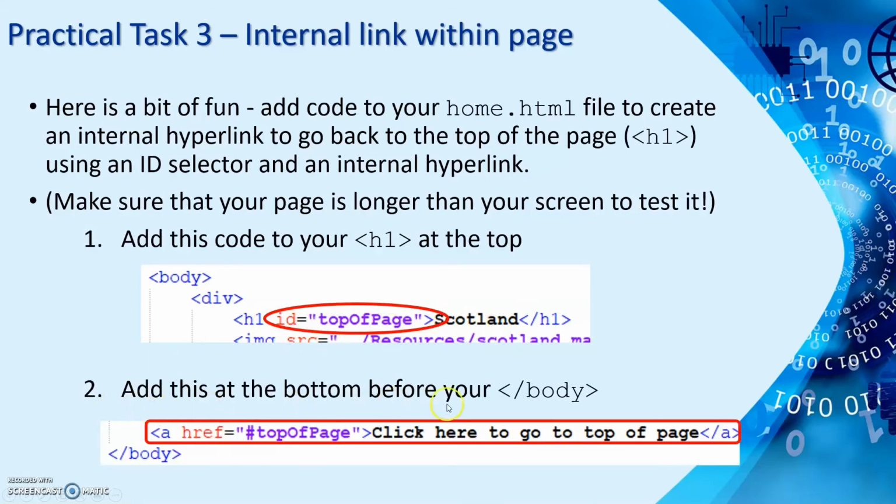Then at the very bottom, before my closing body tag, I've got an anchor with a hyperlink reference to the ID called top of page. The words "click here to go to top of page" are the anchor. When the user clicks on these words, it's a hyperlink that will take them to hash top of page. Okay, let me just show you how that works.